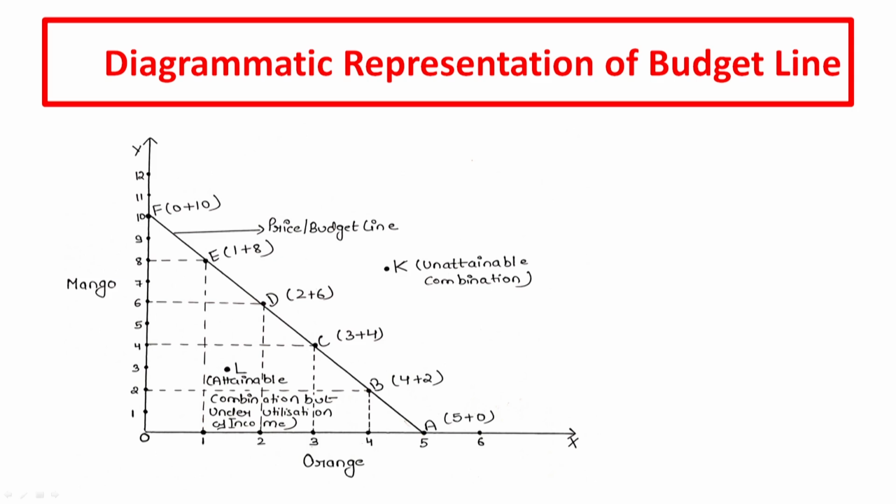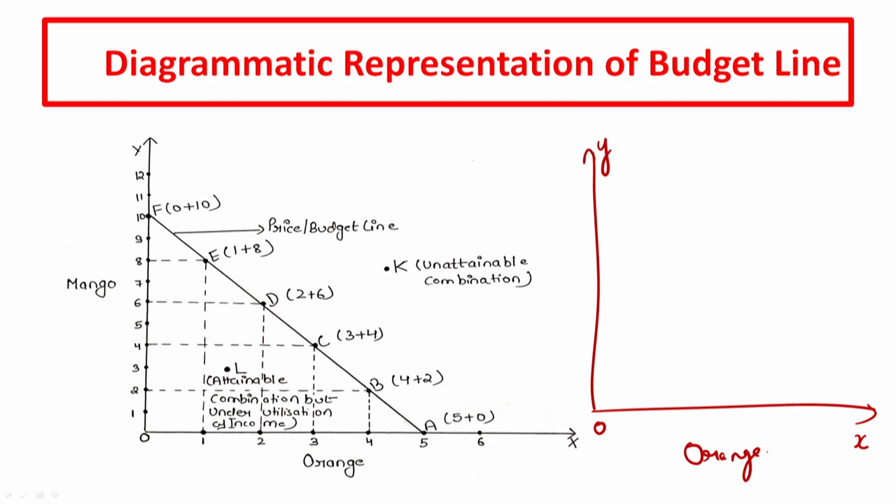Price line diagram. Y-axis, x-axis, 0. On the x-axis, orange. On the y-axis, mango. You are going to plot all the points as per the tabular representation. Initially you were consuming 5 oranges and 0 mango.